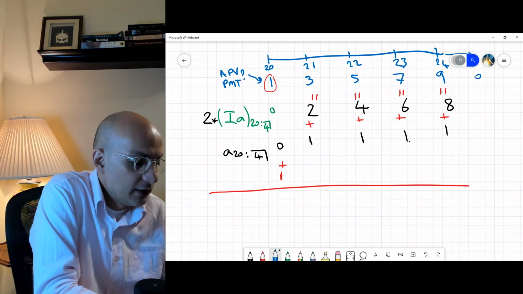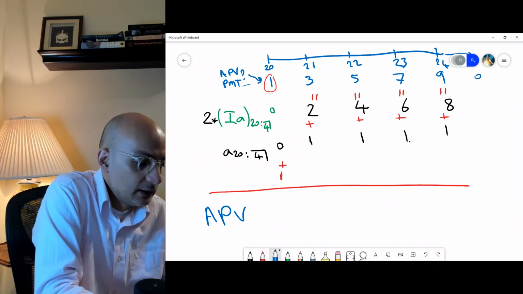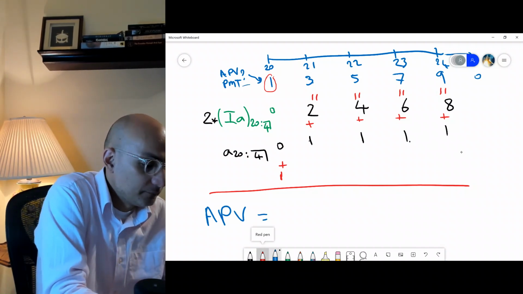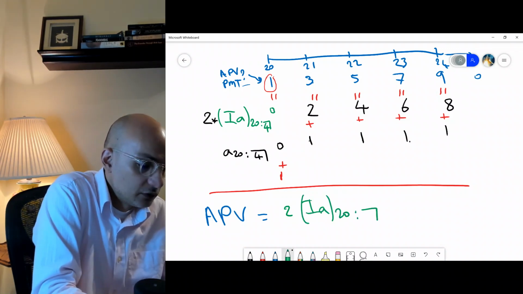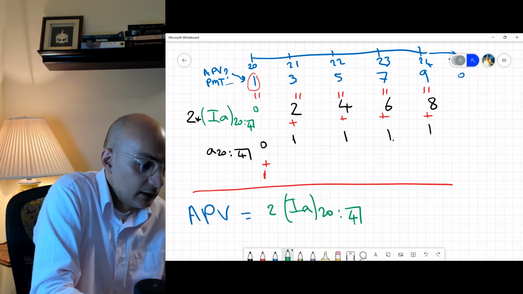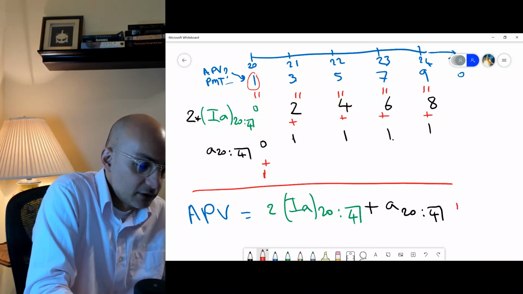So the actuarial present value of the payment we're looking at, we already said, is equal to 2(IA) 20 for 4 years. This is 1. Then we add to it A20 for 4 years. Then we need to add one more, $1.